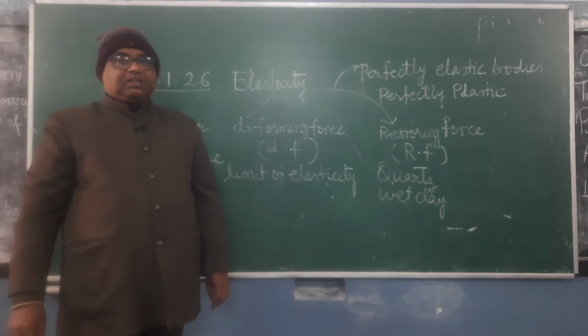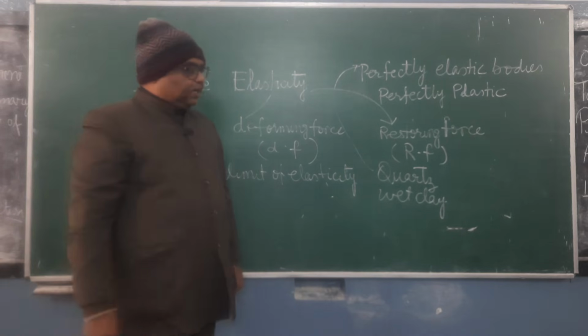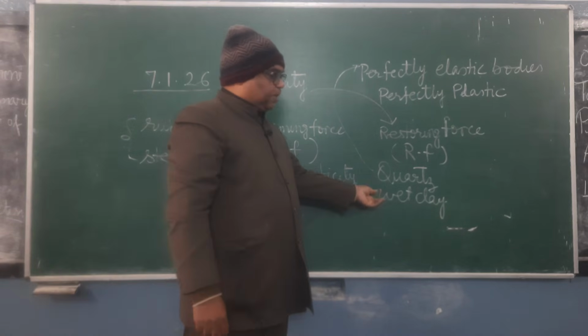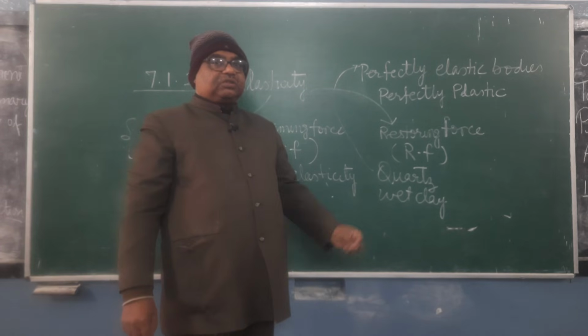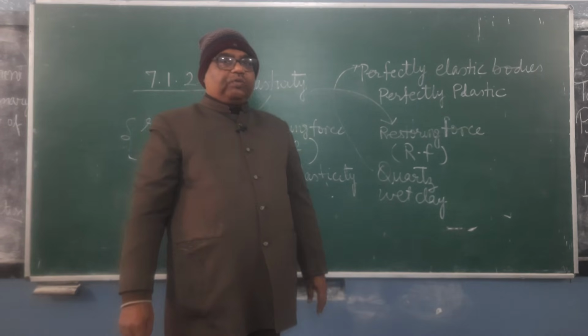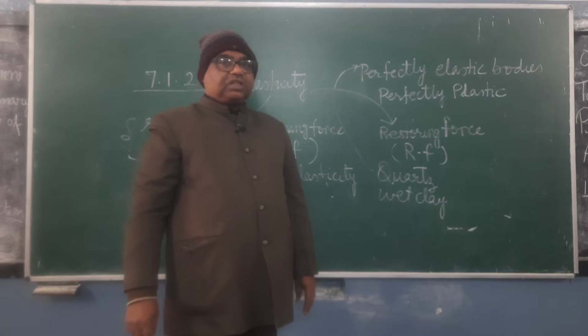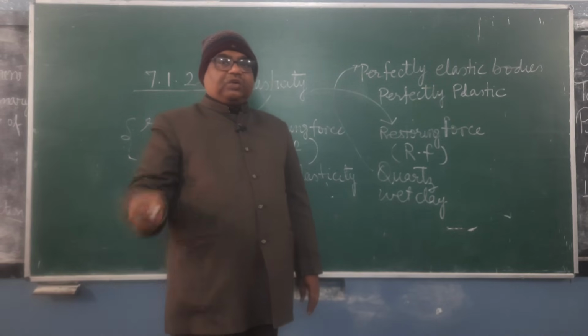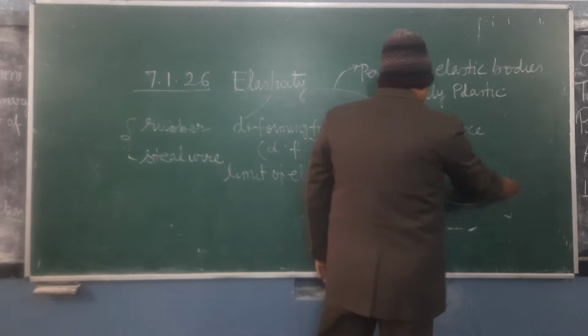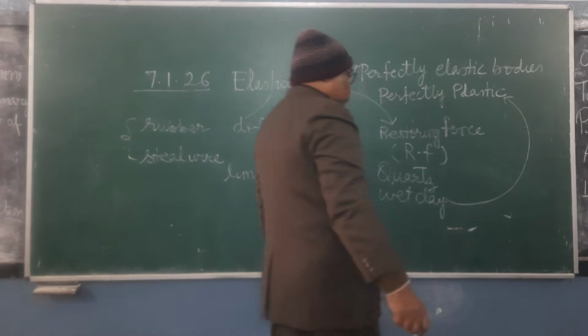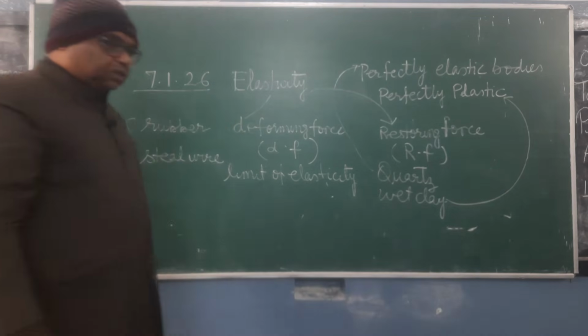Is it clear? So here we see that any body which is made up of wet clay returns only up to 4 to 10% of its original shape. Largely it does not return. Therefore, it is considered close to the perfectly plastic body.